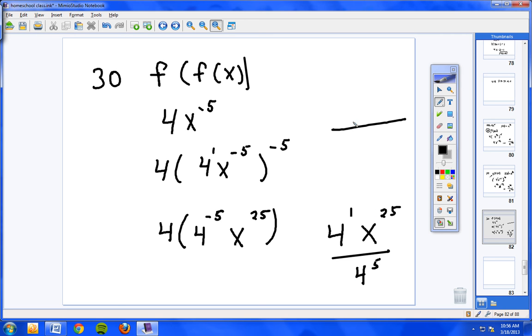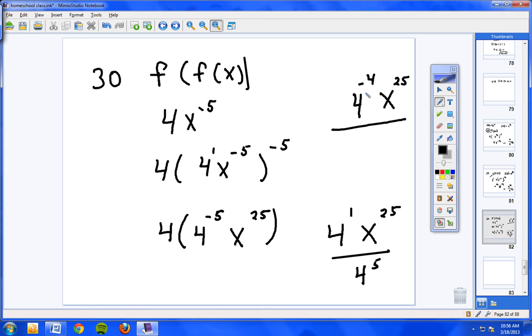In the top. And you subtract the exponent. So 1 minus 5 would be negative 4, and then you bring that down to the bottom, and your final answer is x to the 25th over 4 to the 4th. And 4 to the 4th would be 256. So you bring this down to the bottom.